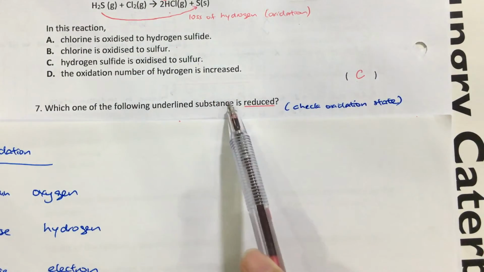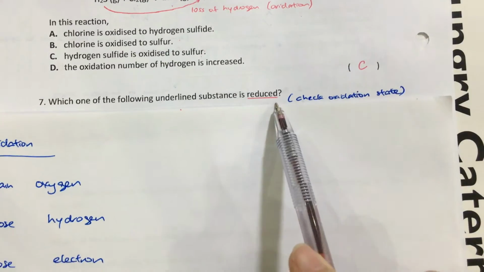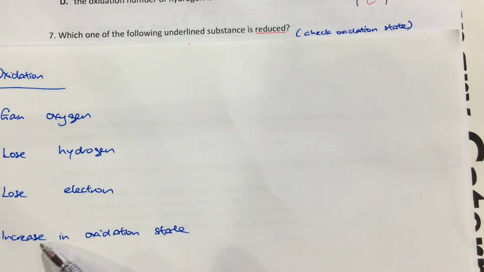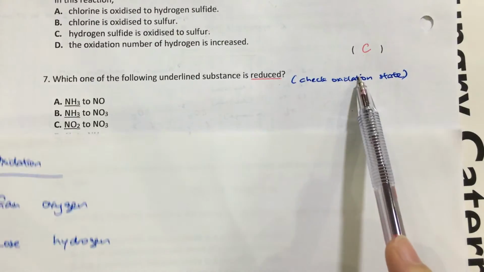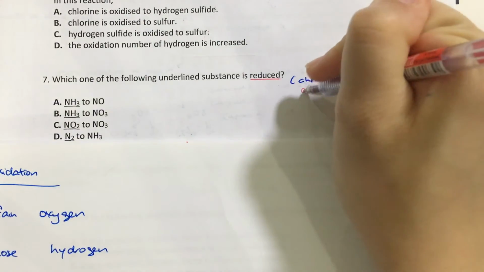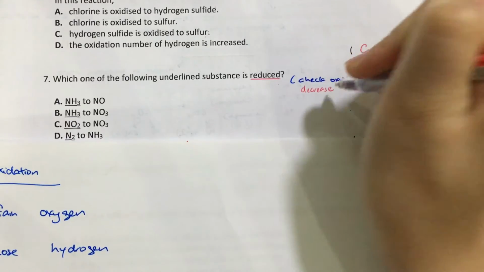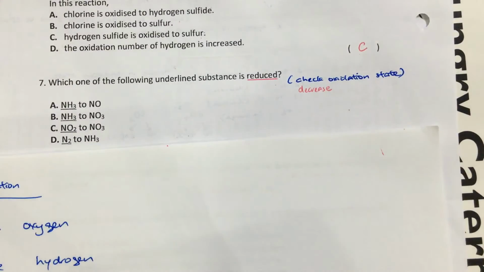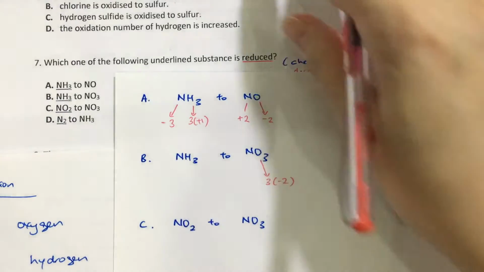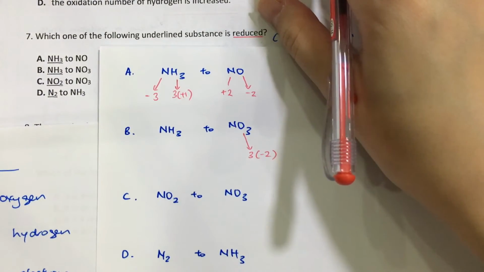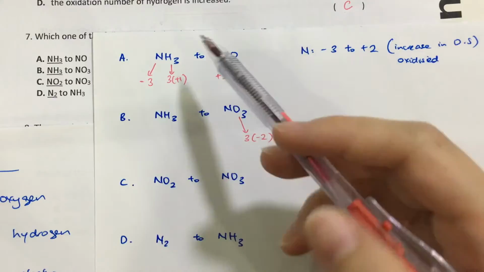Which of the following underlined substances is reduced? So for reduced, we are not talking about an increase, but a decrease in oxidation state. So we want a decrease. If we look at this question, I need more space, so I prepared it here. Okay, let's look at the options.